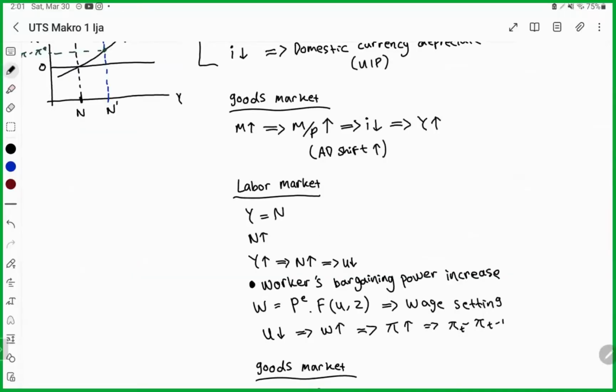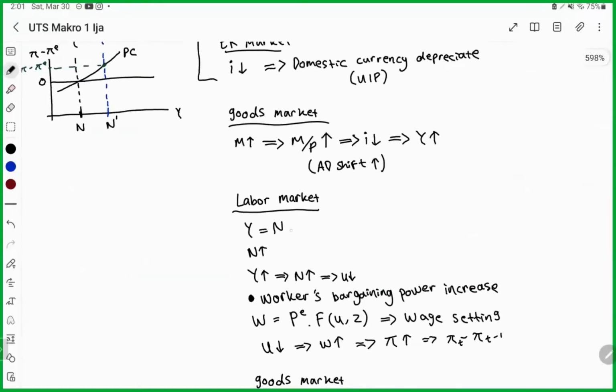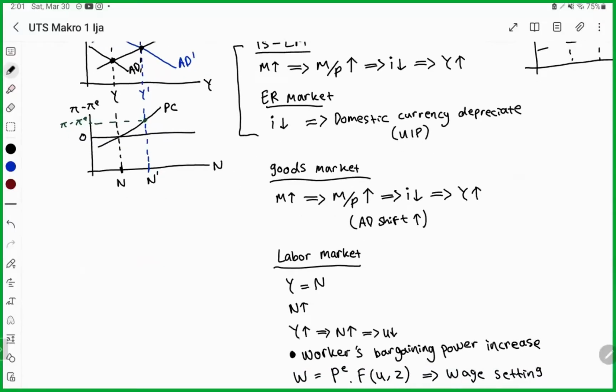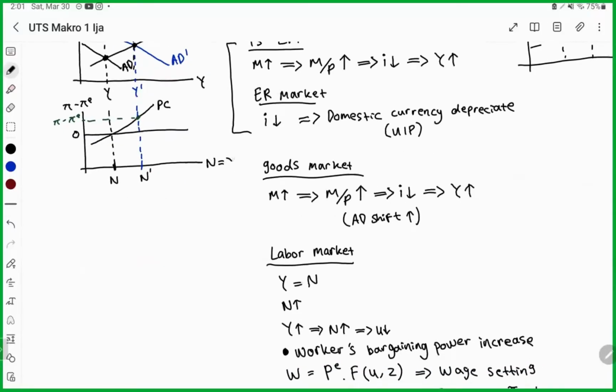We already know that Y equals N, so we can change this Y into N, or we can use this. All right, so when Y increases, it means N increases, right?